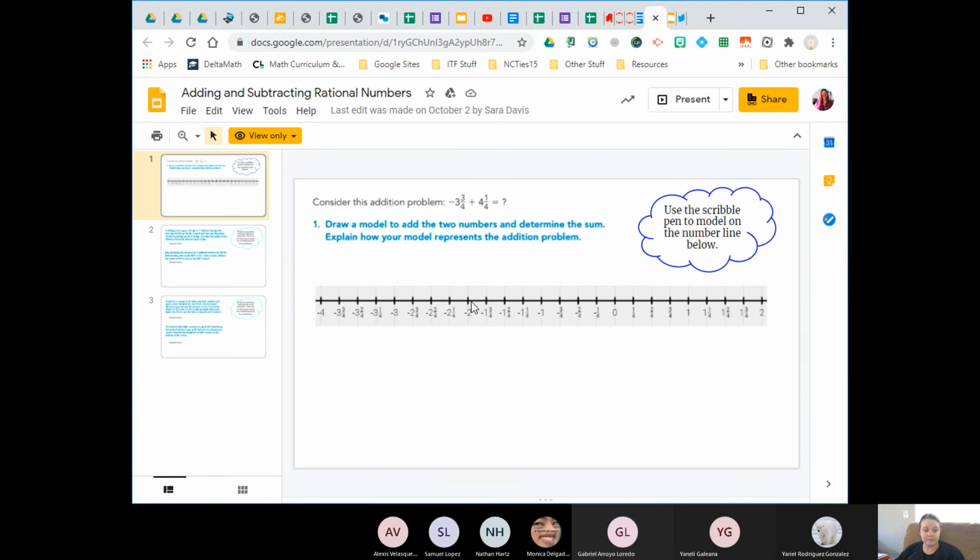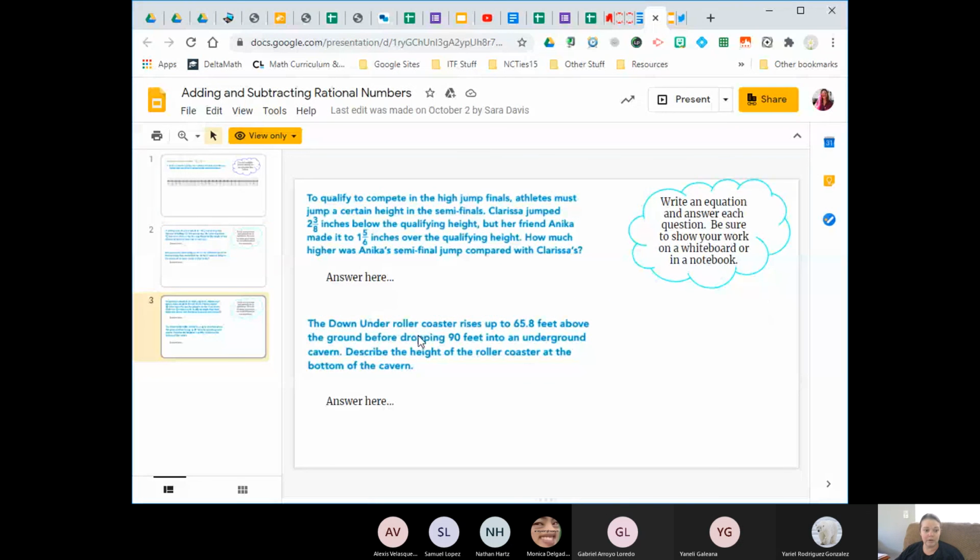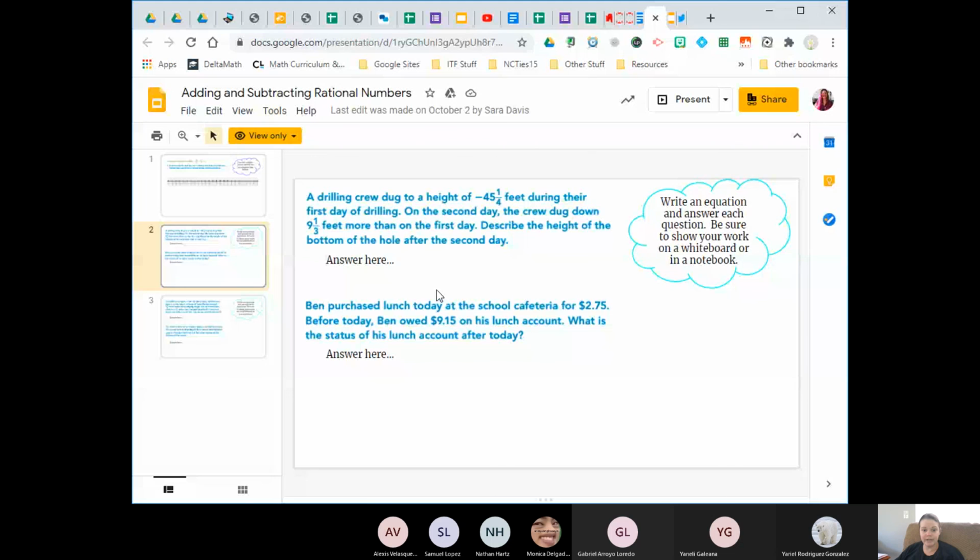And then the second one, the first slide wants you to model how to find the difference between these 2 numbers and explain how it represents the addition problem. And then you have 4 word problems that you're going to complete. And I realized one of them is actually one we did together last Thursday.